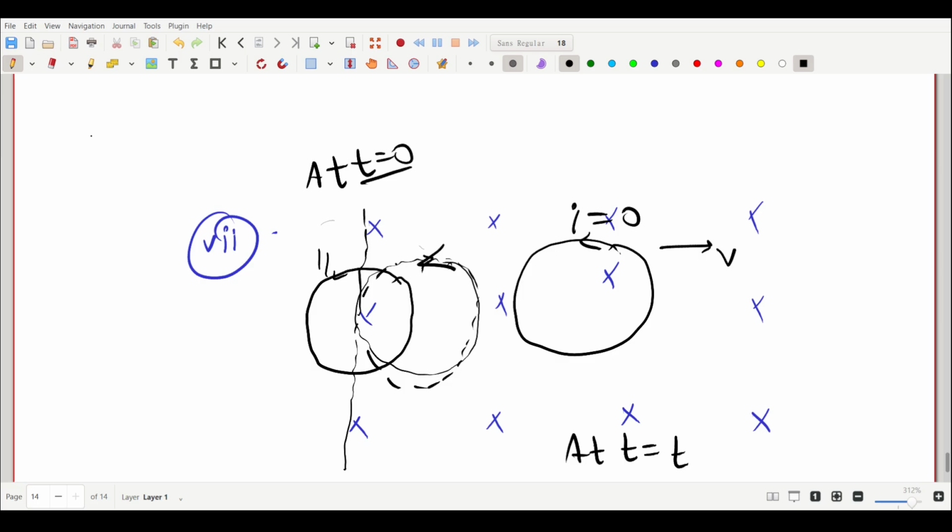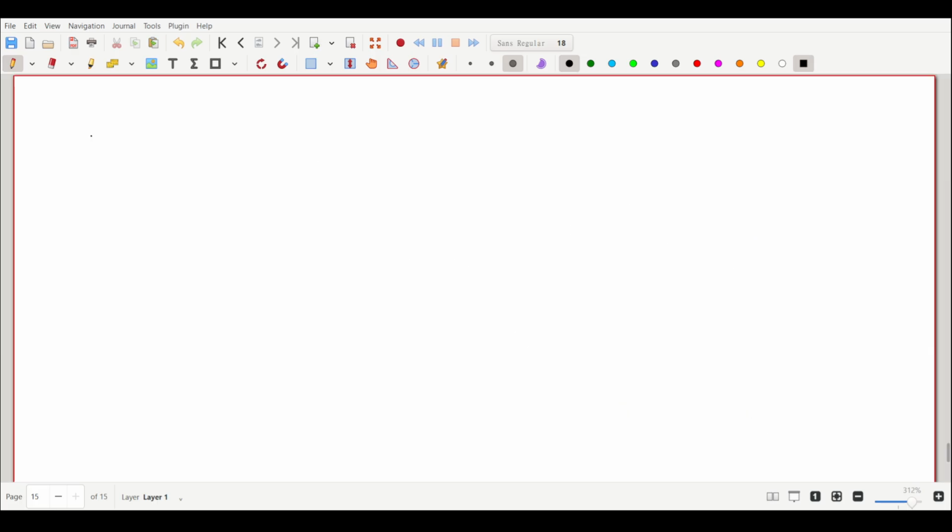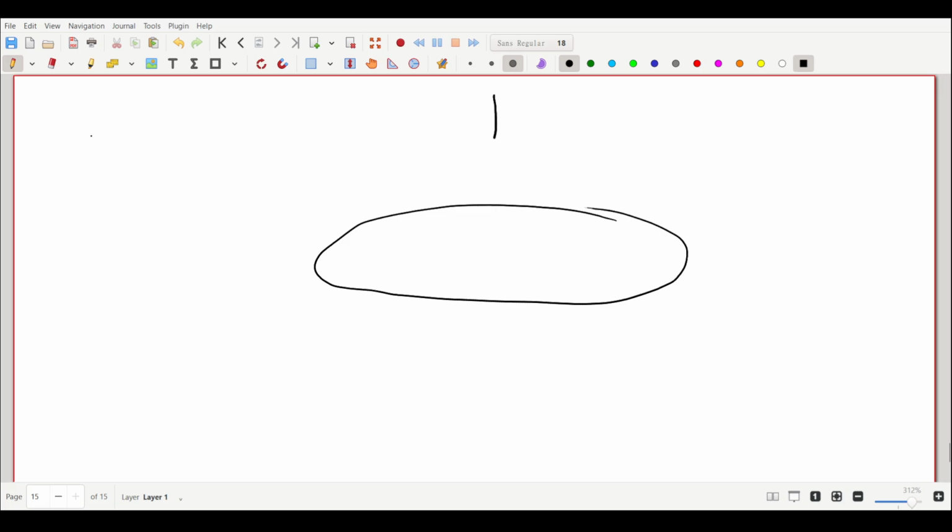Okay, let's see one more. This is our loop this time, and I'm going to drop a bar magnet from the top. This is the north pole, that's the south pole. What is going to be the direction of current? Clockwise or anti-clockwise? I have dropped it.